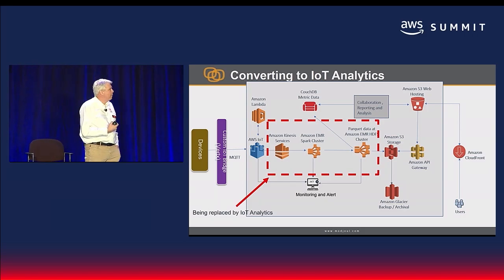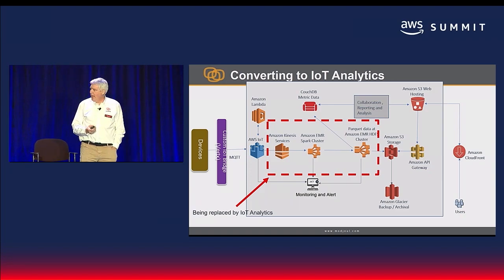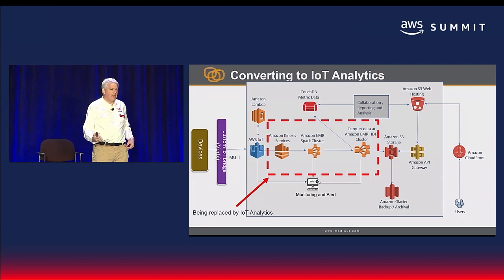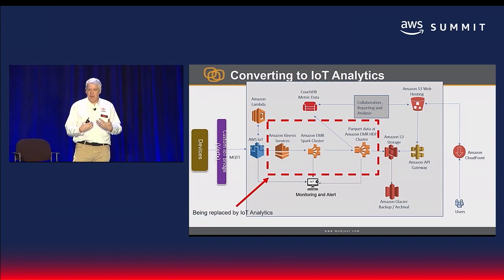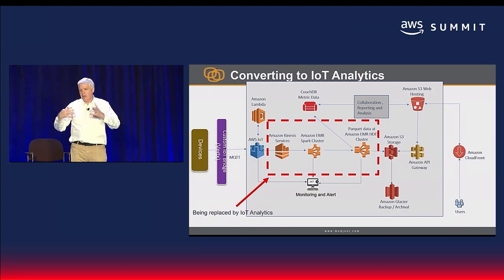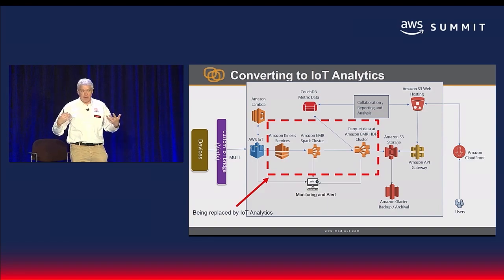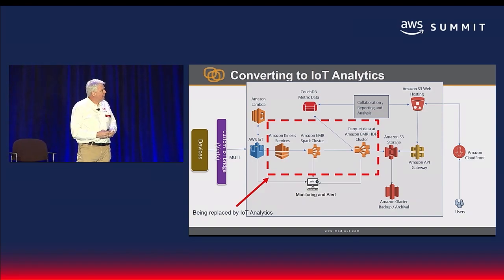The item that I dashed out in red is the area that we look at for IoT Analytics. That is more of a packaged platform, so instead of buying all these individual pieces, your Kinesis and your EMR Spark clusters, you get that in a package. That's what we're looking at, where we're converting over to that instead of building out all these individual pieces.